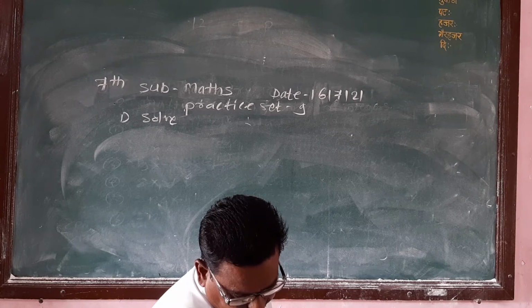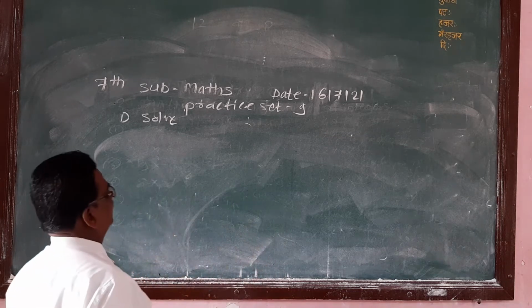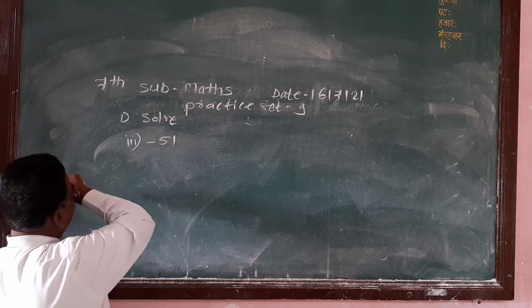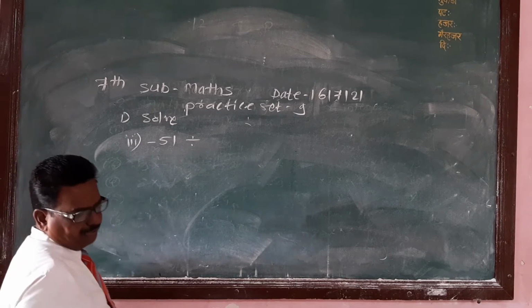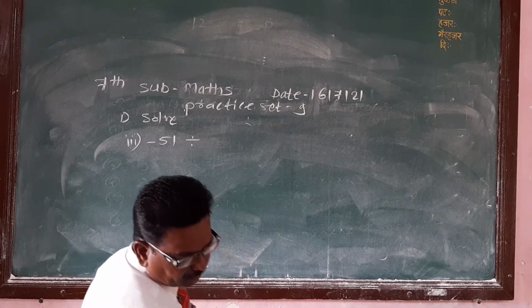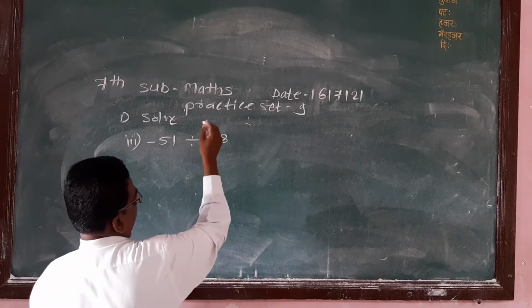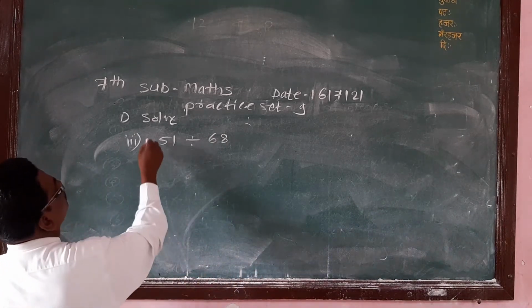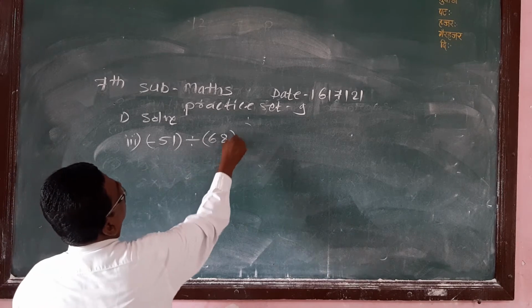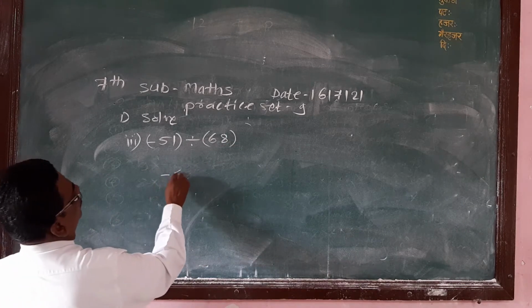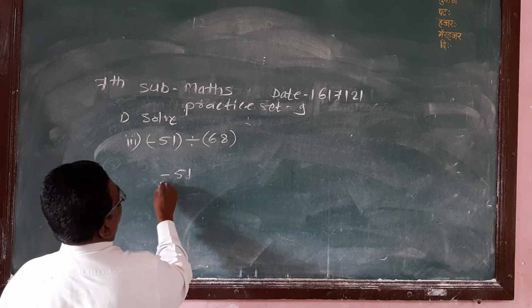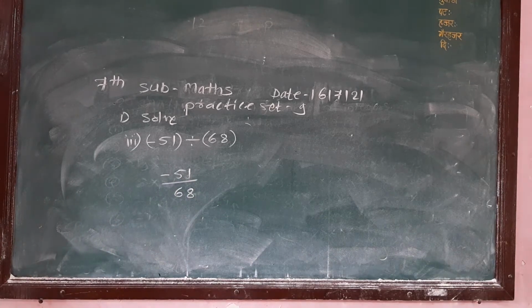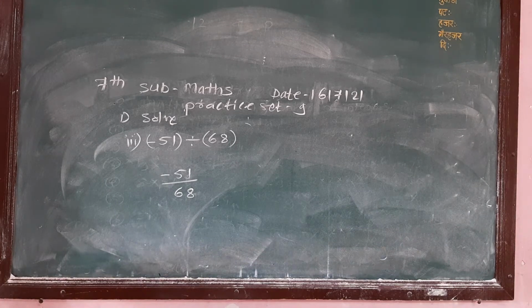Number 3, minus 51 divided by 68. Okay? Minus 51 divided by 68.